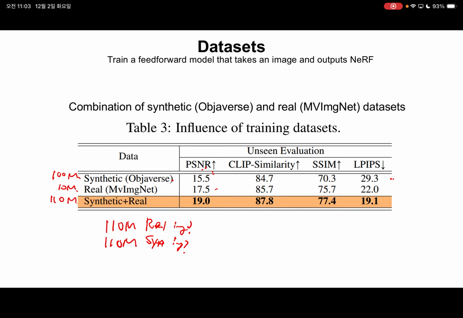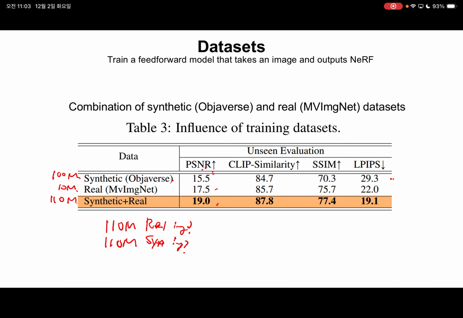But there are actually many things in this table. What is the major driving signal of the performance improvement? Combination of synthetic and real, that can be one possible reason. Another one might be just simply using more images. We're not sure.